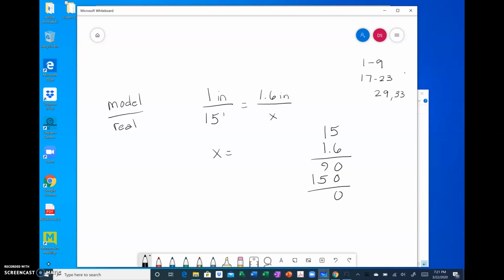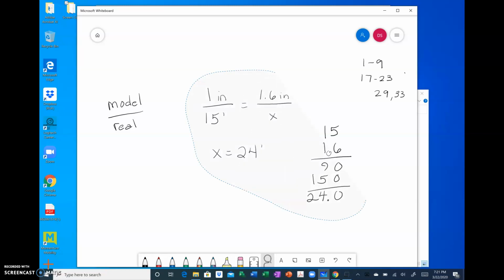And that gives us 240. But we have this decimal point here, so I need to bring it down. And that makes X equal 24 feet. And you will see that that is choice C, and that is the answer. So that's how you do that section.